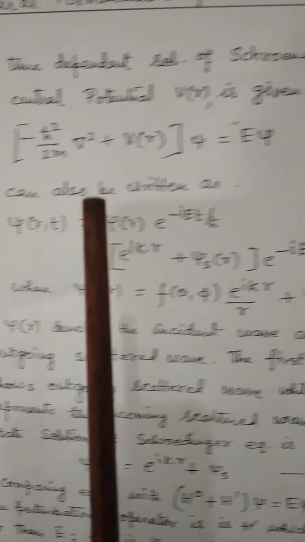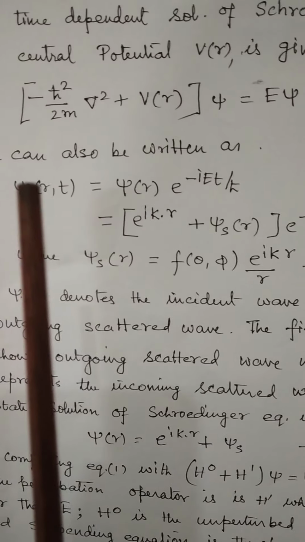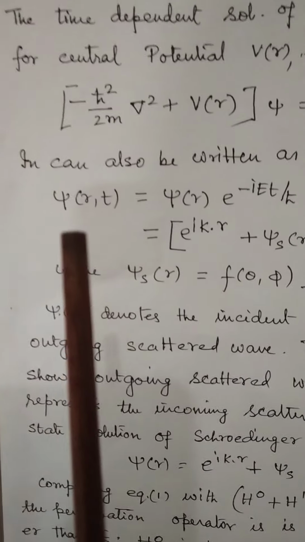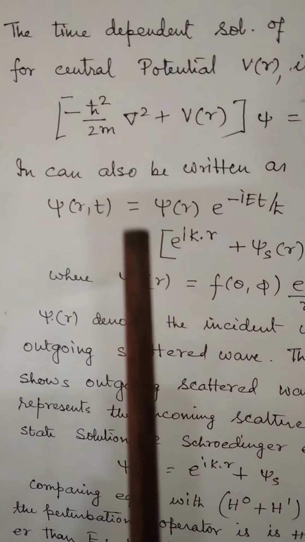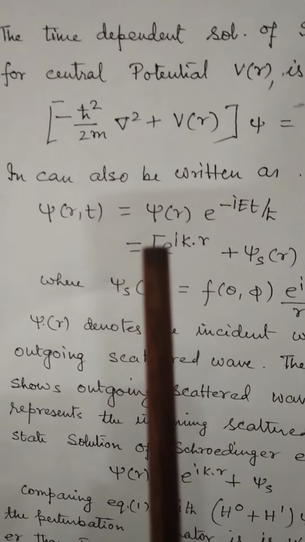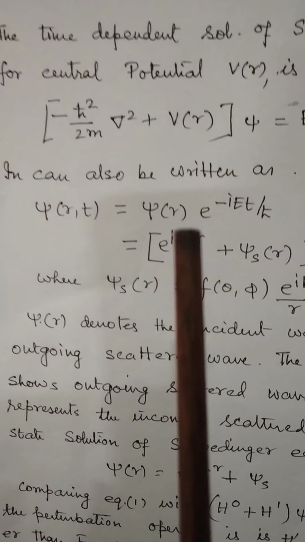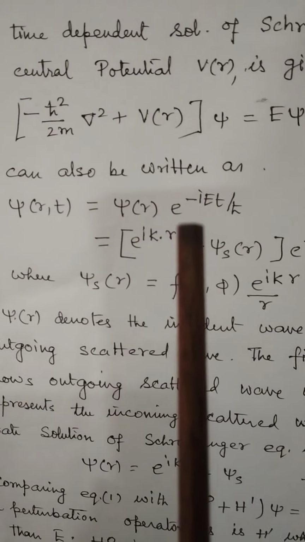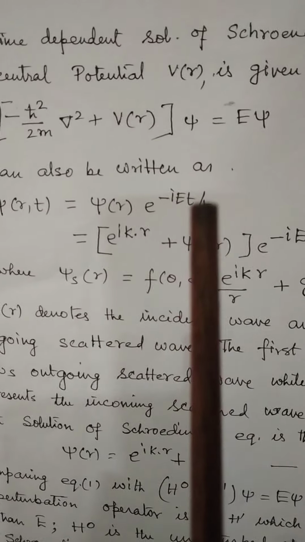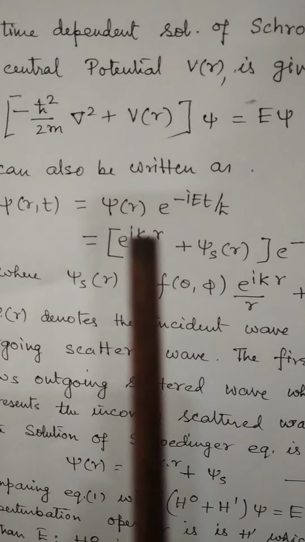Let it be equation number 1. It can also be written as ψ(r,t) = ψ(r) e^(iEt/ħ).